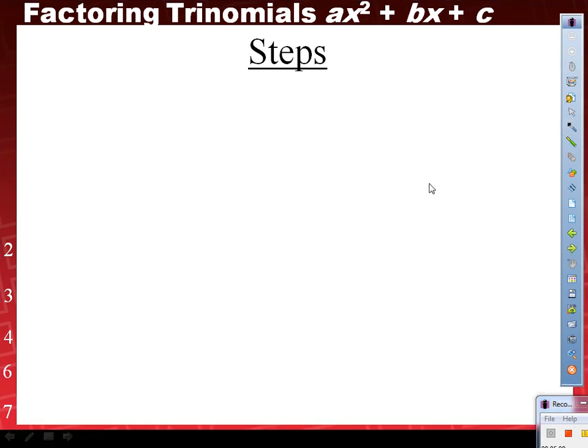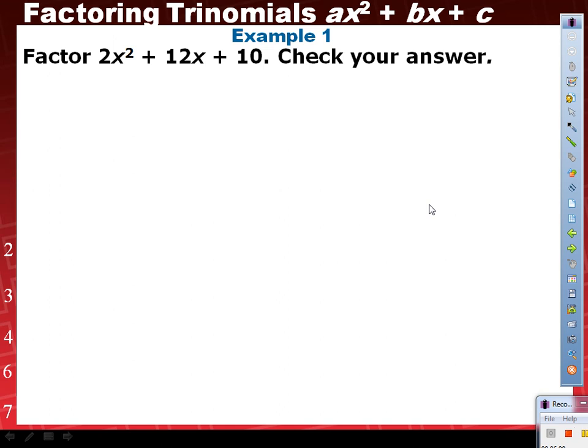So copy this. Example 1. Example 1 reads, factor 2x squared plus 12x plus 10. Then after that, it says check your answer.